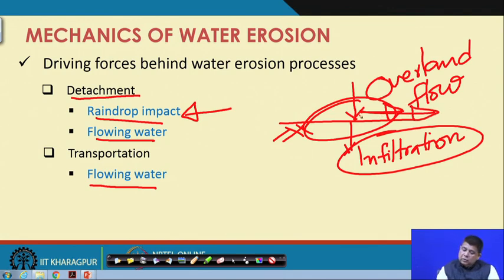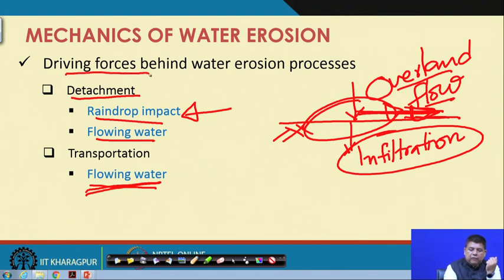During the flow process, this flowing water, because of its kinetic energy, will also detach soil particles from the soil aggregates. And of course, as we already mentioned, the flowing water will transport whatever loose materials or detached soil particles are available. So, that is how there are two major driving forces behind detachment and transportation: raindrop impact and flowing water.